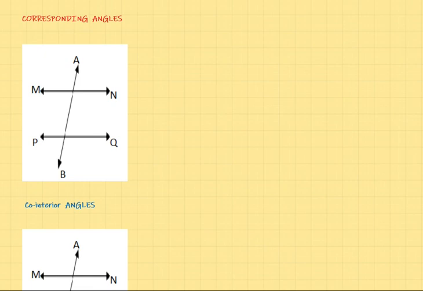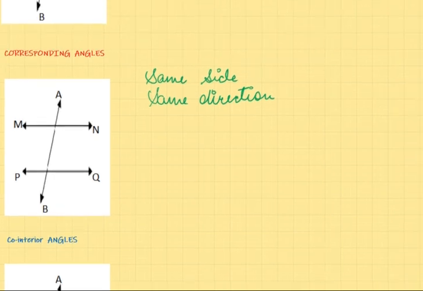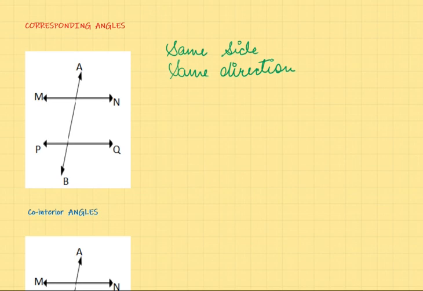What is corresponding angle? ठीक है, so corresponding angle में क्या होता है, याद रखने का तरीका, same side, same direction. Okay, same side, same direction. अब देखो, if we look at this diagram, this is upper side.